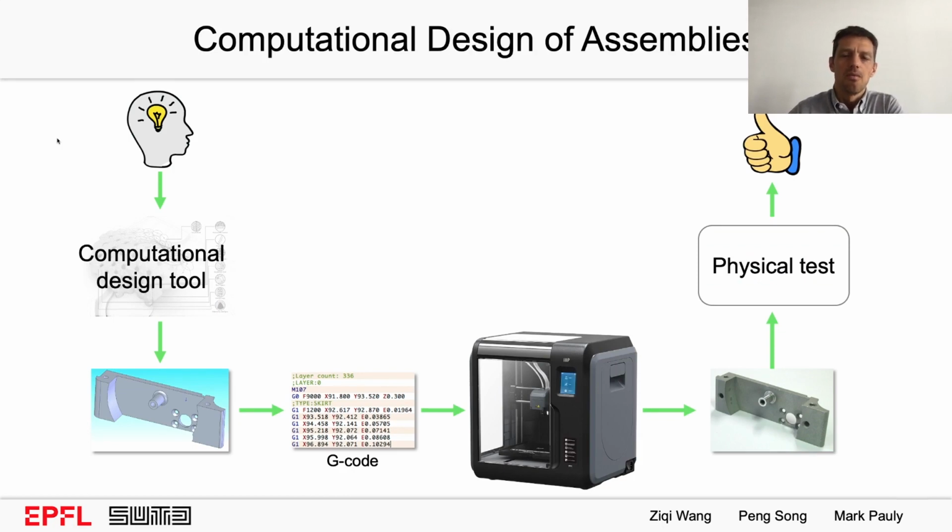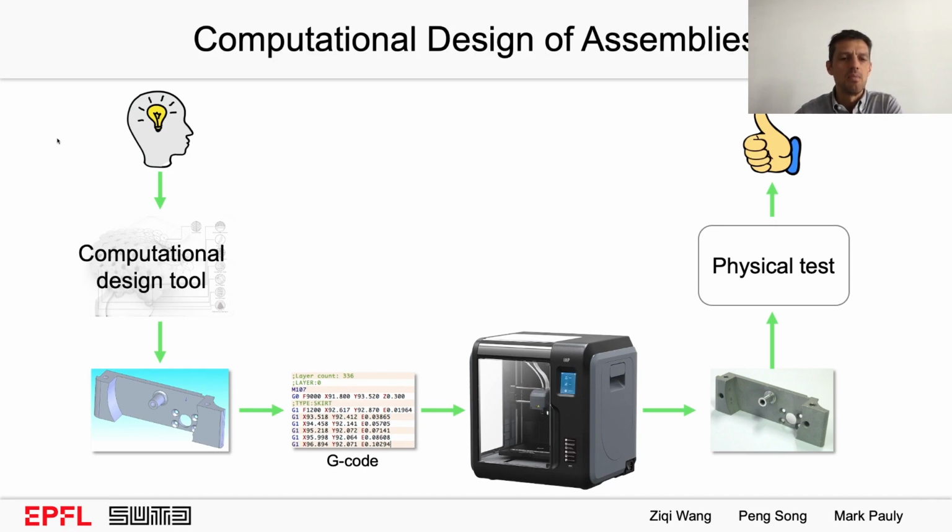So if we want to look at a global view of the computational process for designing assemblies, the general idea is to come up with an efficient and effective way to go from an initial idea about an assembly to a final physical model.